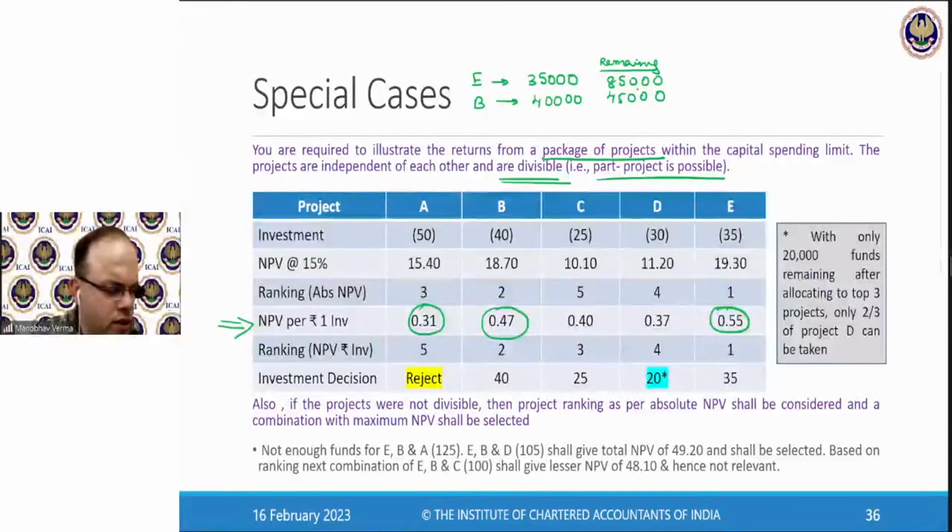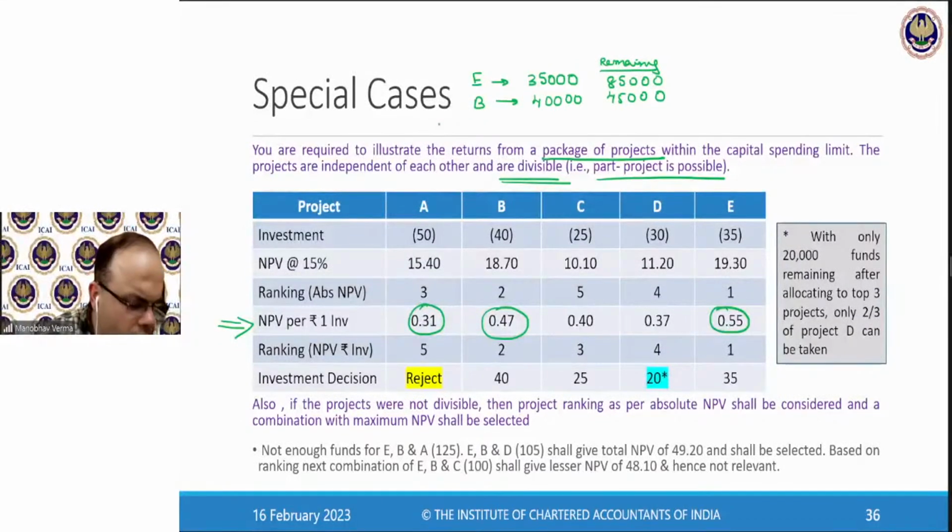I hope everyone is able to understand this, responding to the questions I'm asking. Someone said 35, someone said 30. Can you just double check? E requires 35, B requires 40. So after 75,000, 45,000 should be left, right? Getting different responses from students here.